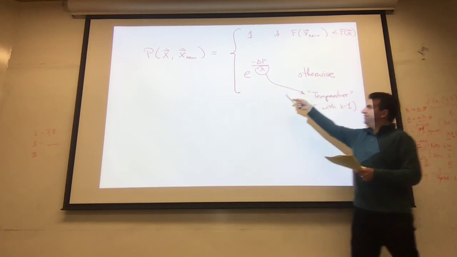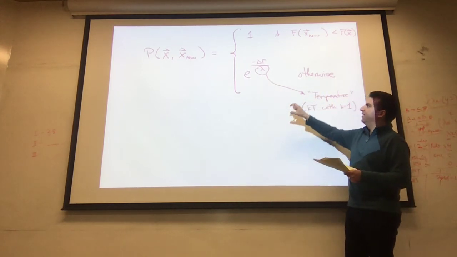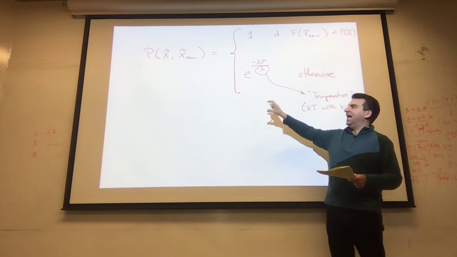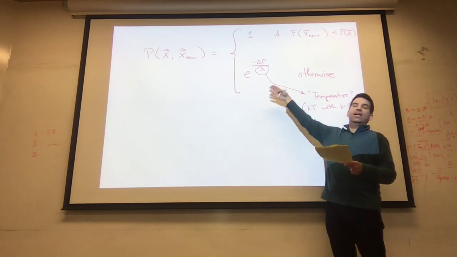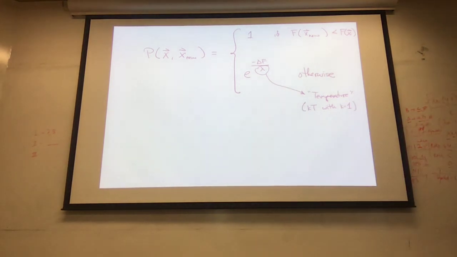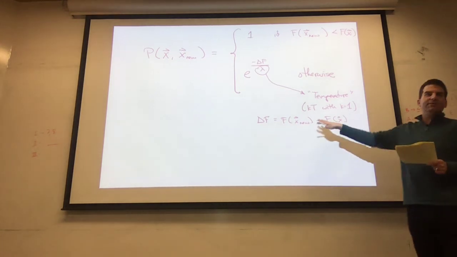But you can still view lambda as a kind of potential energy height that you have to get over. And that delta F is equal to F of X new minus F of X. This is where the energetics comes into play.